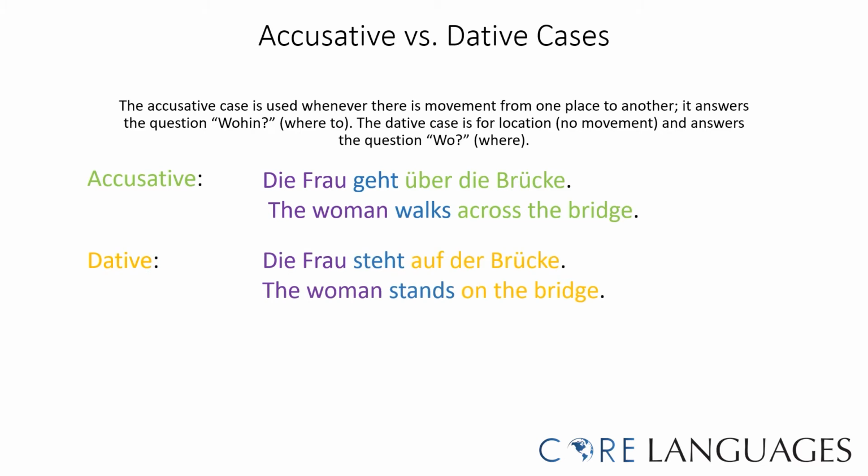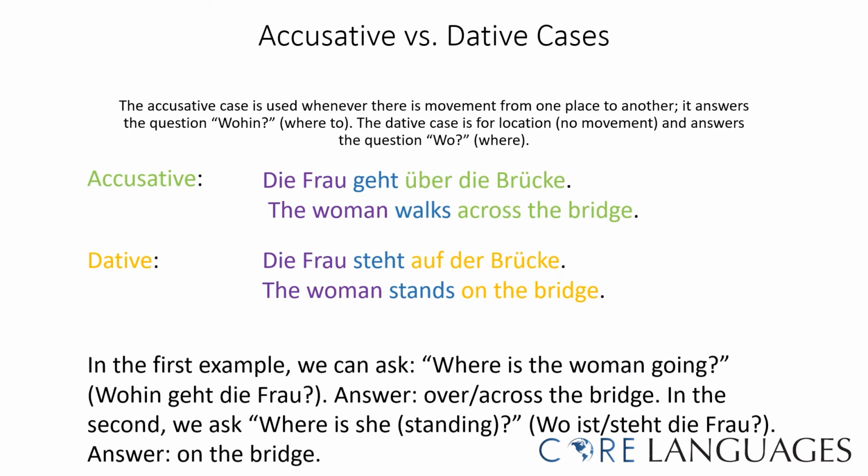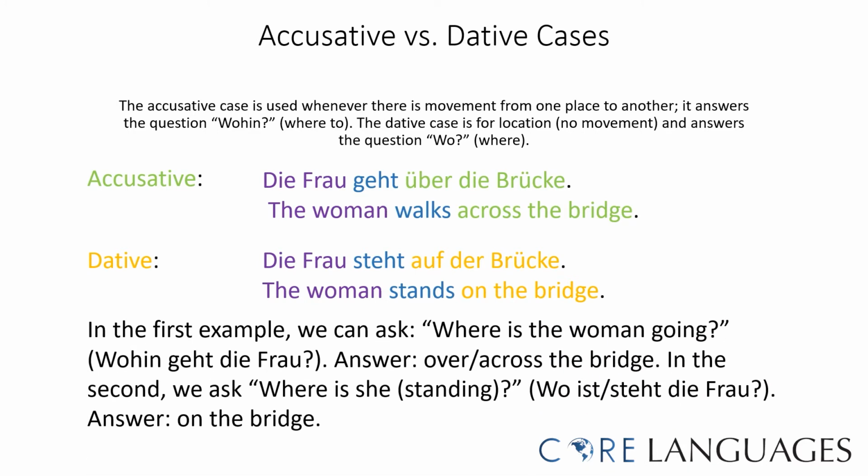Die Frau steht auf der Brücke. The woman stands on the bridge. In this example, we use the preposition auf, but the bridge, die Brücke, is now in the dative case. In the first example, we could ask, where is the woman going?